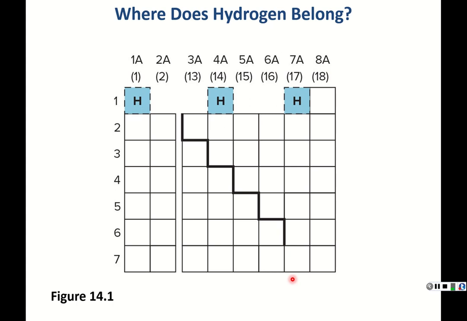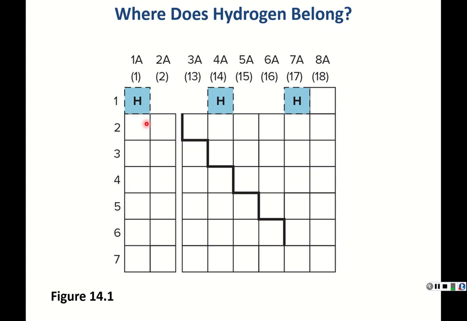Where it belongs in the periodic table is sort of up for debate, and that is because it shows similar reactivities with a number of different groups. One of those places, and where it's typically placed, is with the group 1 metals, the alkali metals.